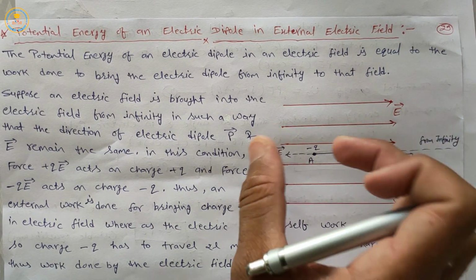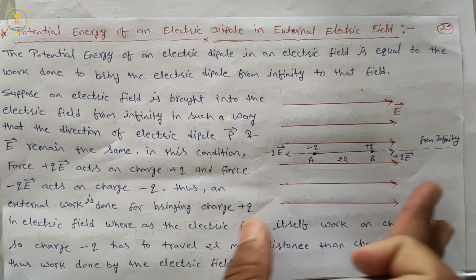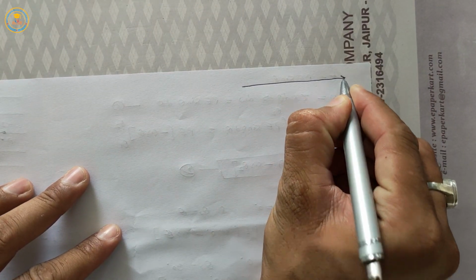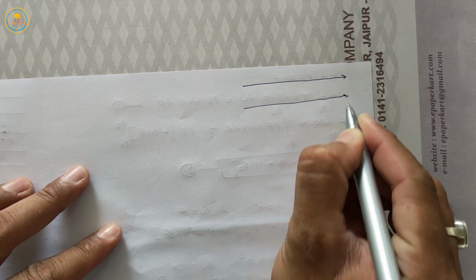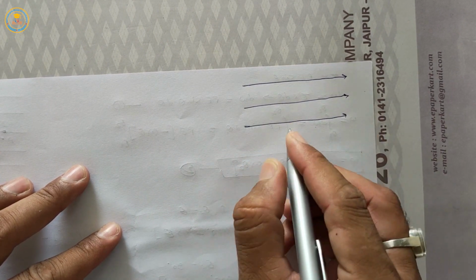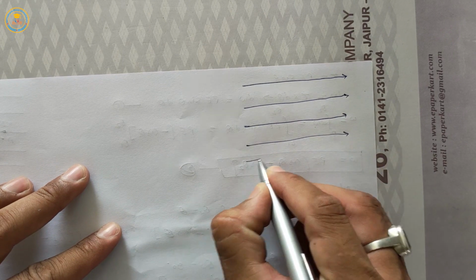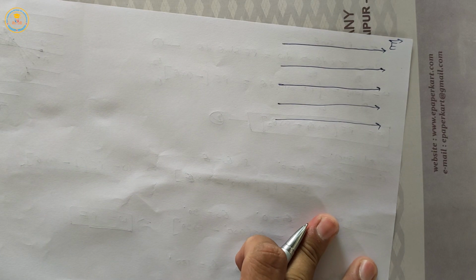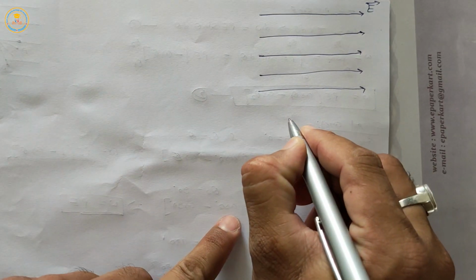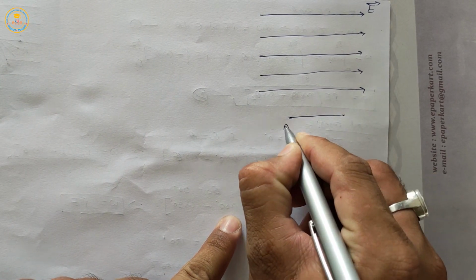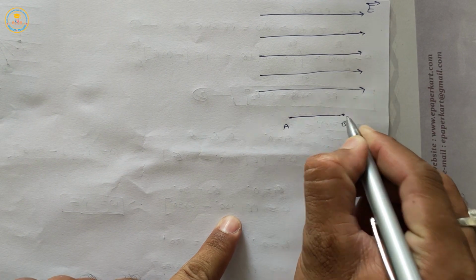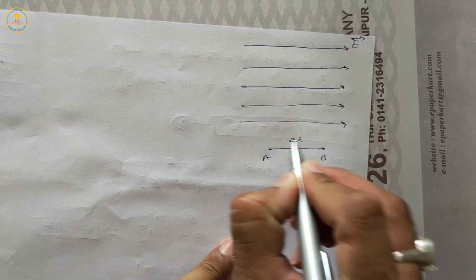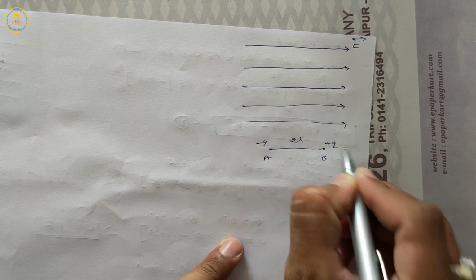To find electric potential energy, suppose we have a uniform electric field E vector like this, and an electric dipole AB, which we understand separately. AB has length 2l, this is minus q and this is plus q.